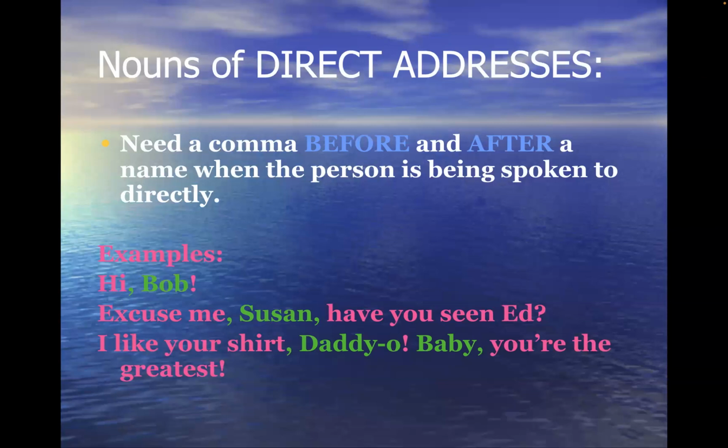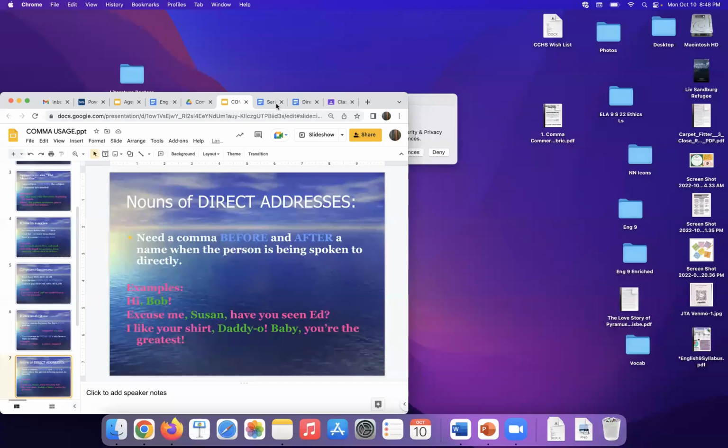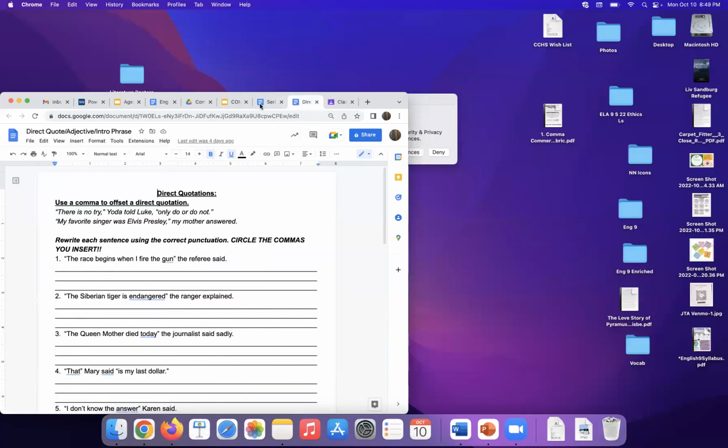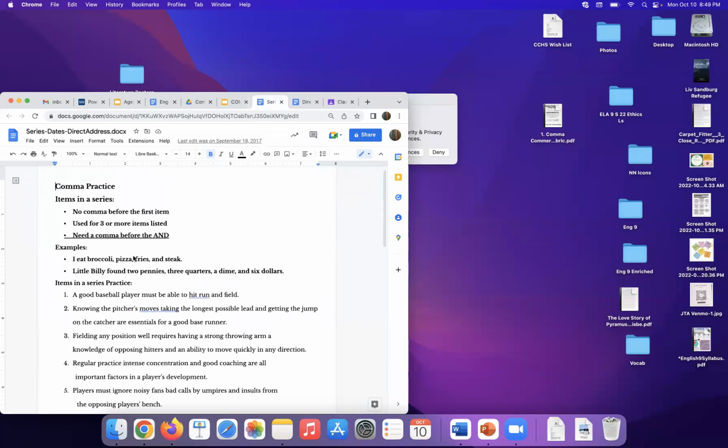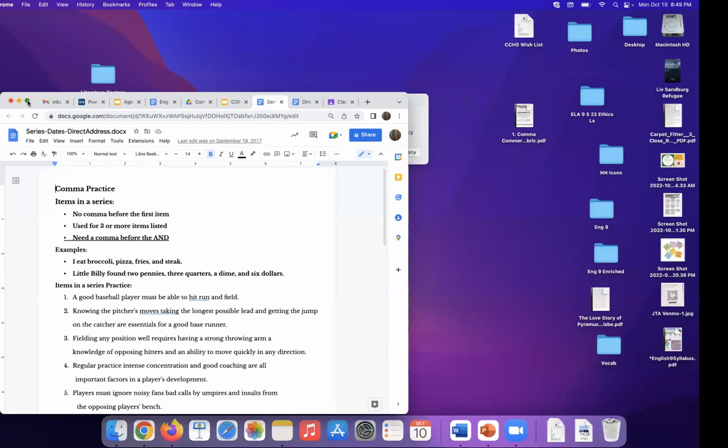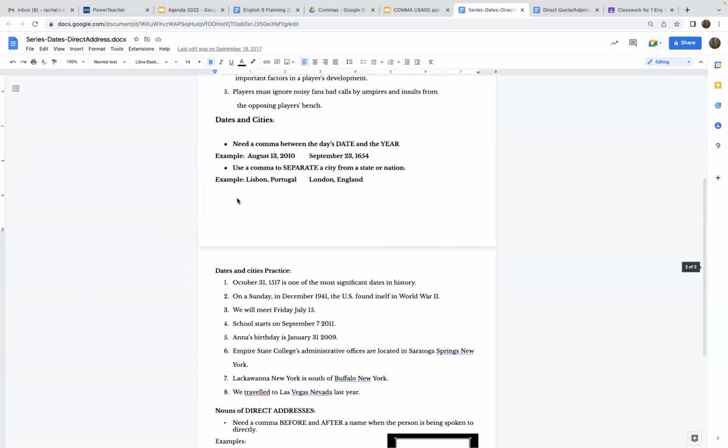So if you turn to your practice, which is on the very back of your packet, you're going to look at the bottom, which is page 5. And you're going to practice those direct addresses. So we did the comma practice for the items in a series and the dates and cities.